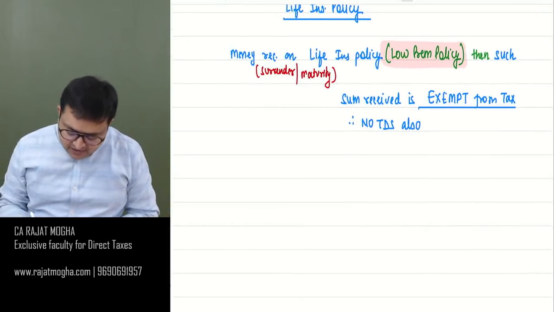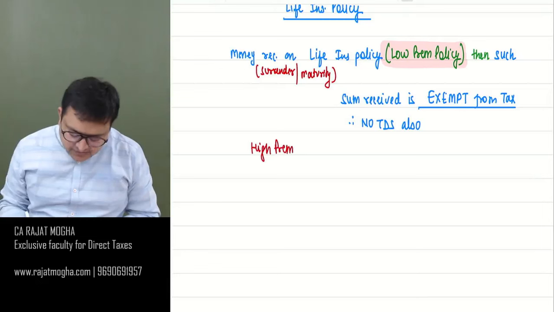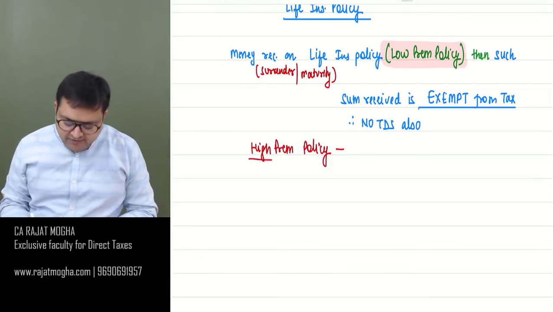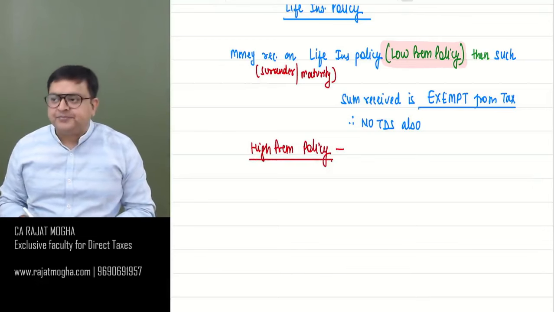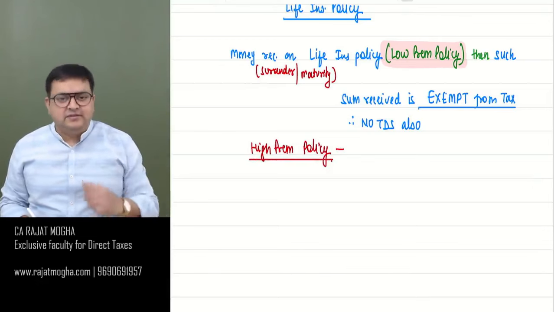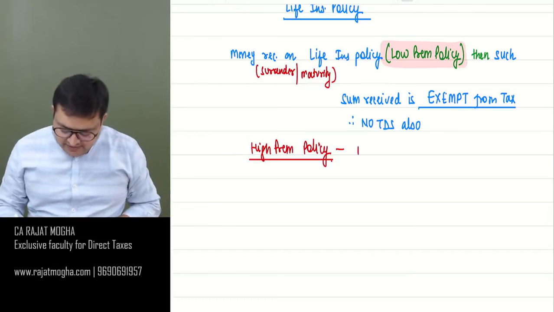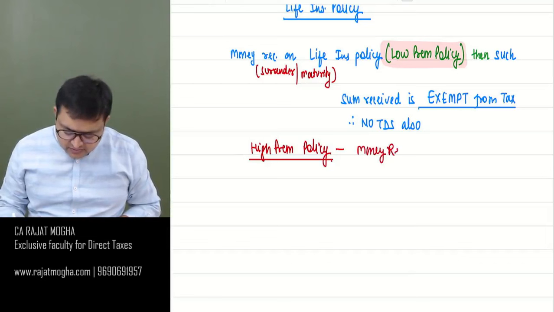But what if it's a high premium policy? That is taxable. So the money received is taxable.